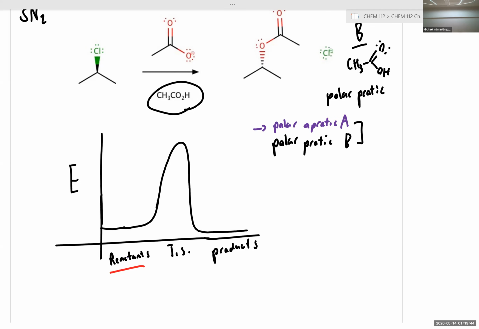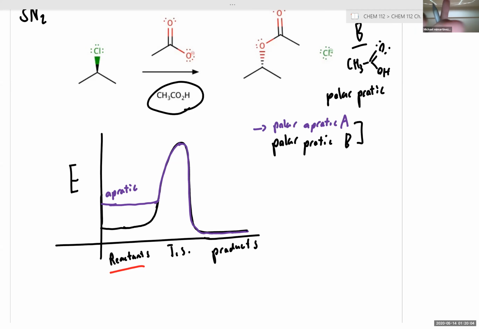You're exactly correct. It should be higher in energy. So here's our aprotic solvent. The transition state has about the same energy, and our products have about the same energy.